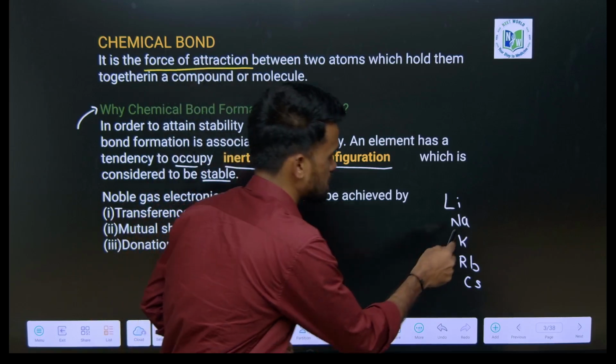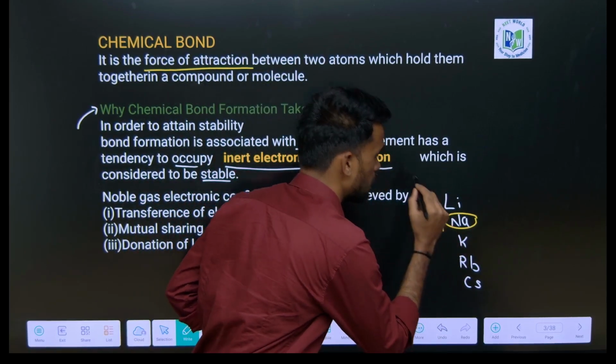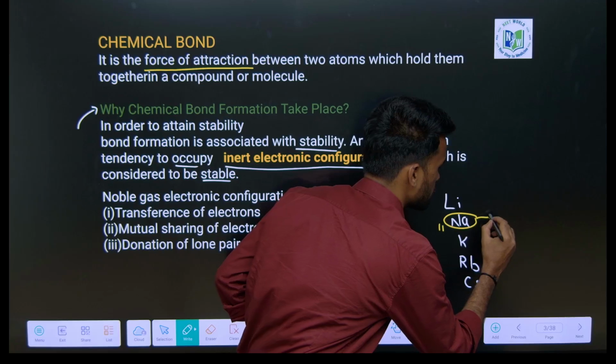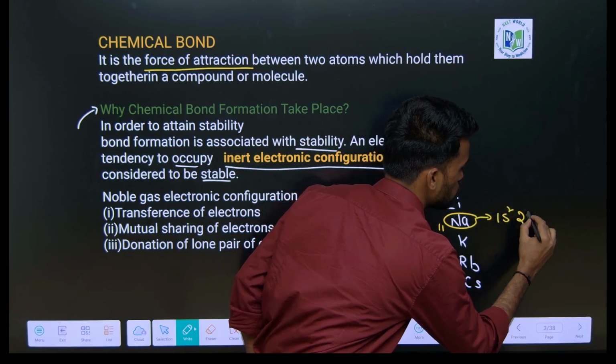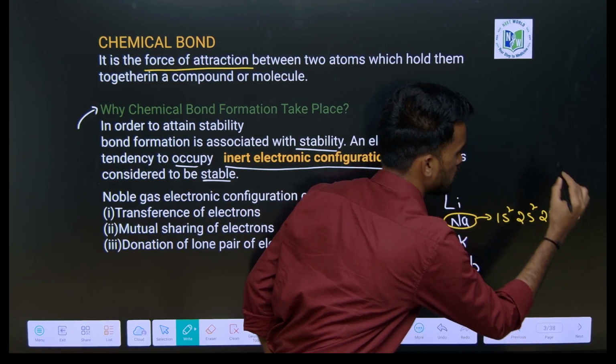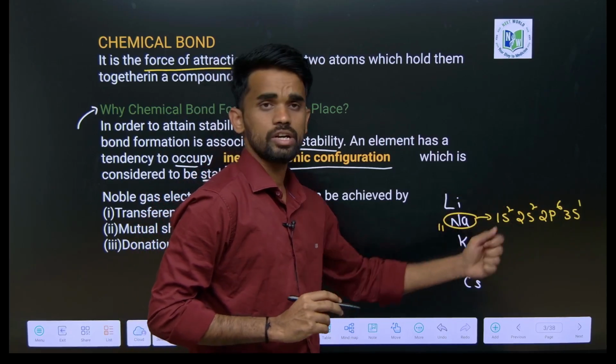Let us take sodium, which has atomic number 11. What is the electronic configuration it has? It is 1s2, 2s2, 2p6, 3s1, right? So there are 11 electrons in its electronic configuration.